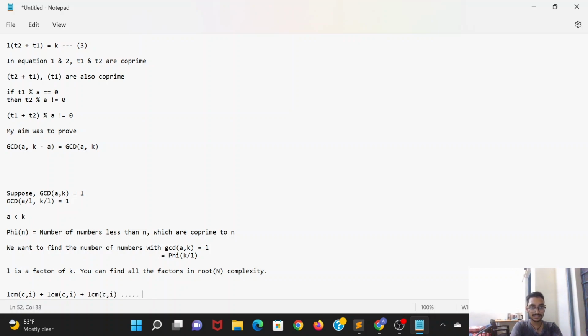You'll get this thing phi of k by L times. So it's basically this into the LCM, and we do it for all numbers, iterating over C and getting the factors in O of root n time.